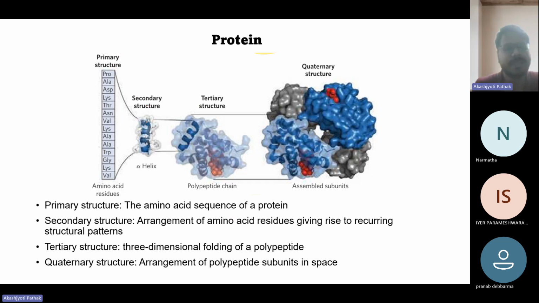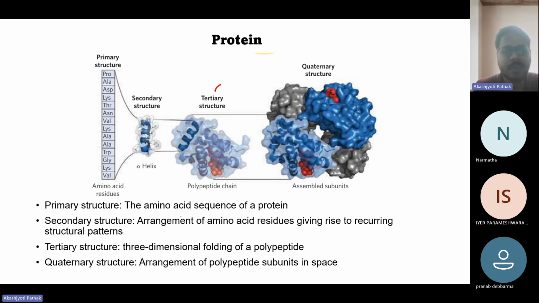It is either alpha helix, beta sheet, or turns. Now these different secondary structures interact with each other and form another conformation, which is called the tertiary structure. So tertiary structure will have a combination of different secondary structures. And when different peptide molecules come together and give rise to a complex structure, then we call it quaternary structure.